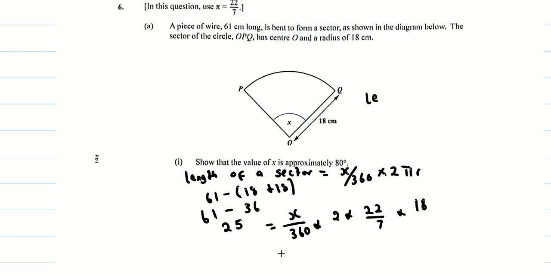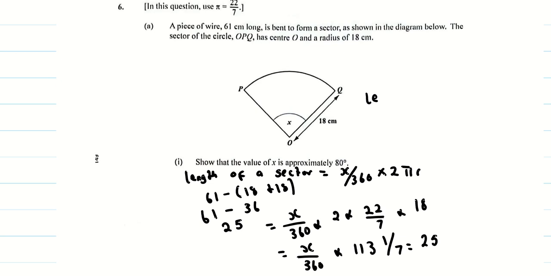So if I multiply 2 multiplied by 22 over 7 multiplied by 18 on my calculator, I will get x over 360 multiplied by 113 and 1/7 is equal to 25. I want to make x the subject, so I'm going to carry across that multiply by.